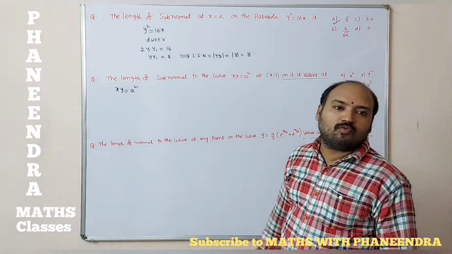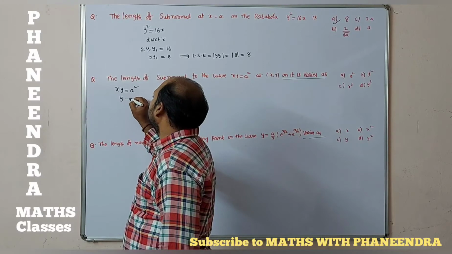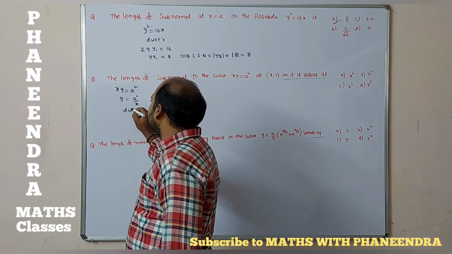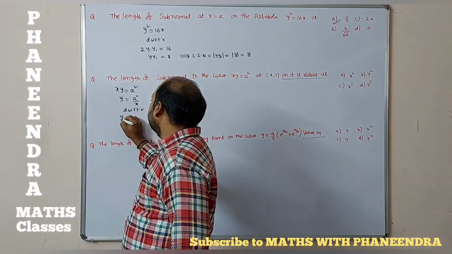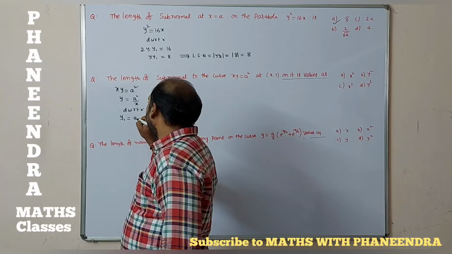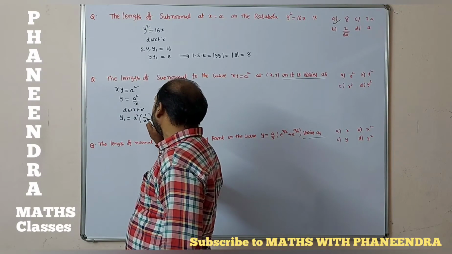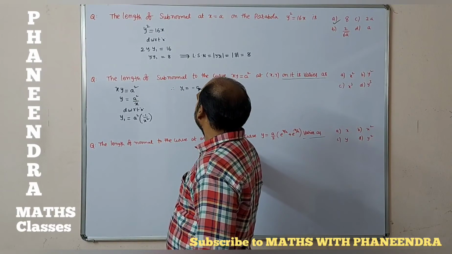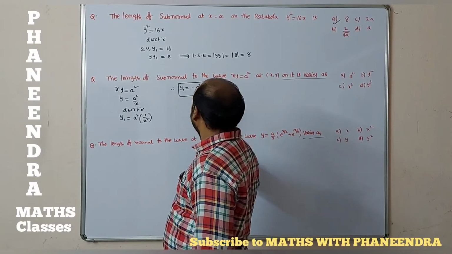Differentiate to get the value of y1. So make y the subject. So y equal to a square by x. Differentiate with respect to x. Y derivative is y1. A square constant, dy dx of 1 by x is minus 1 by x square. So therefore y1 value is minus a square by x square.